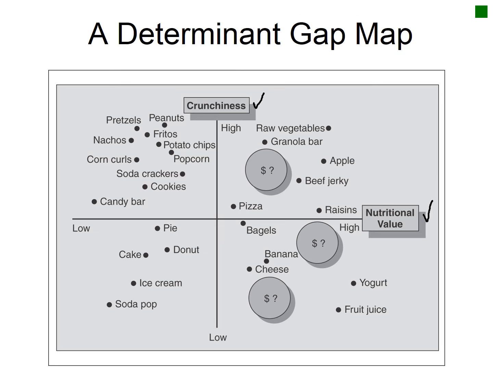You'll also notice that we have a scale here for each axis. These are labeled from low to high. Okay, so from low to high is the axis range, or the range that each axis has. Sometimes we superimpose numbers on this, and those numbers would have corresponded to a survey that we had.